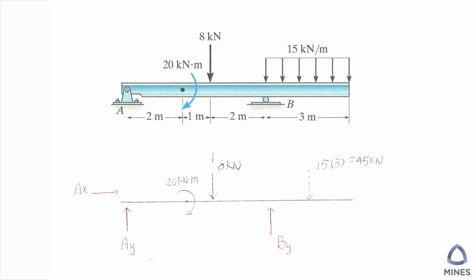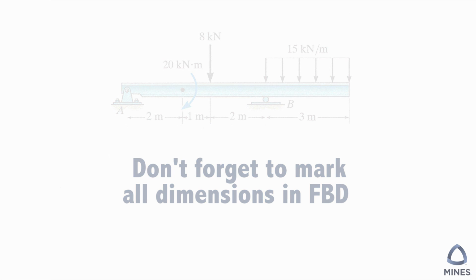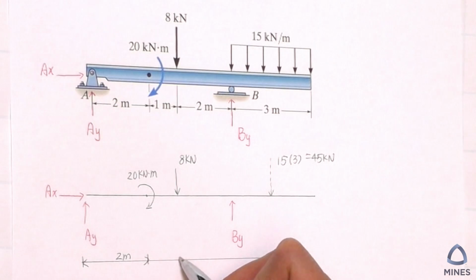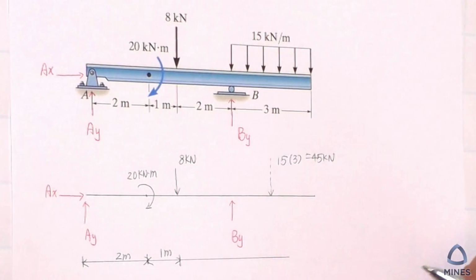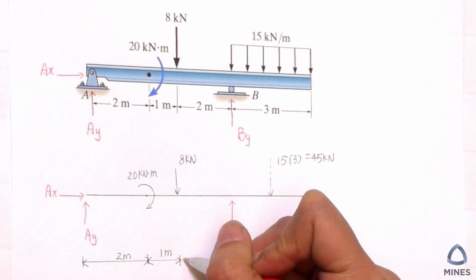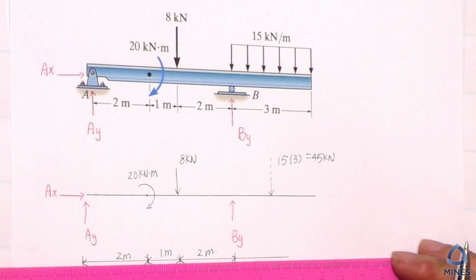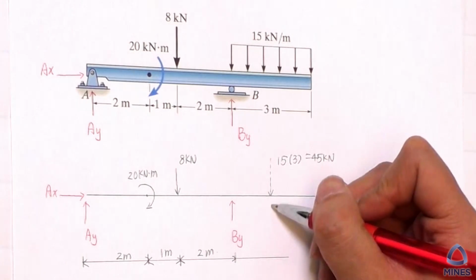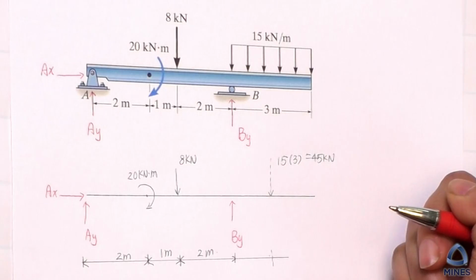So once we include all the forces, the next thing you have to do is mark all the dimensions so that you will be ready to write down all the equilibrium equations. We can see the moment is acting 2 meters away from point A, and the 8 kilonewton is a little bit further, and then the dimension for BY. Now we have to mark where the simplified total force for the distributed load is.